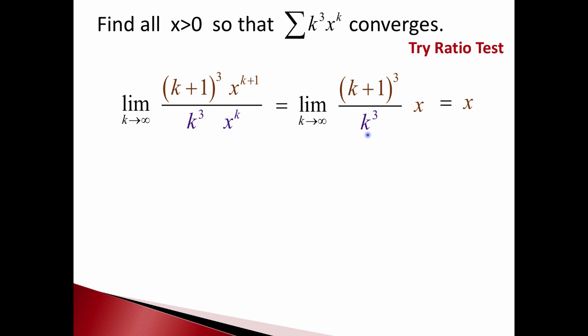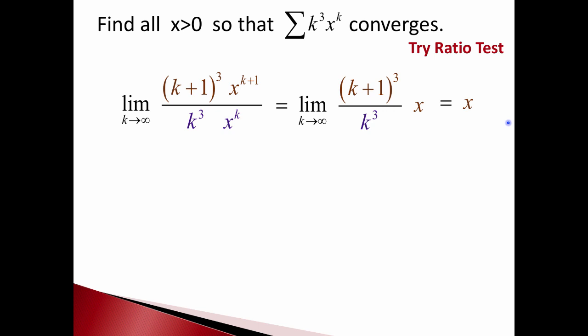Well, that will go to 1, because again, it's k cubed over k cubed, and it's the k that's going off to infinity, not the x's. That's the only part where there's a k. When k goes off to infinity, that goes to 1. My limit turns out to be x. That's really nice. So the ratio test gives us the answer.